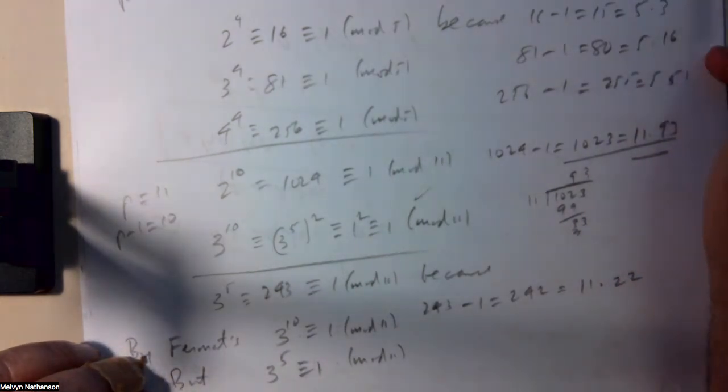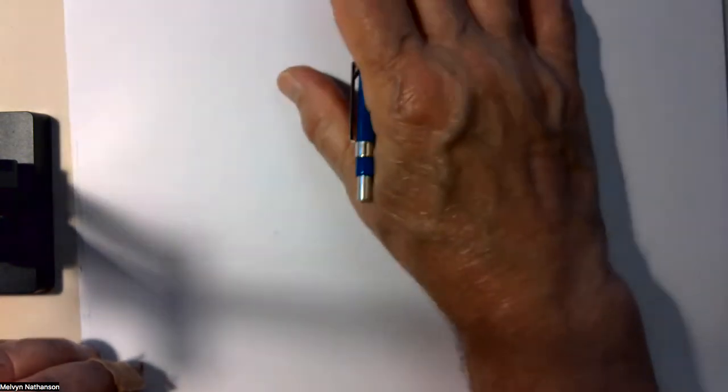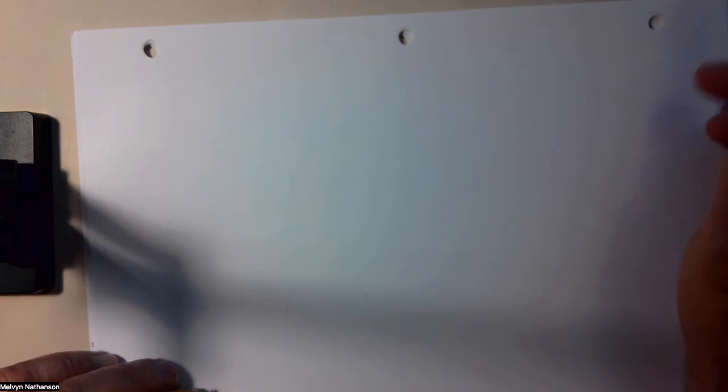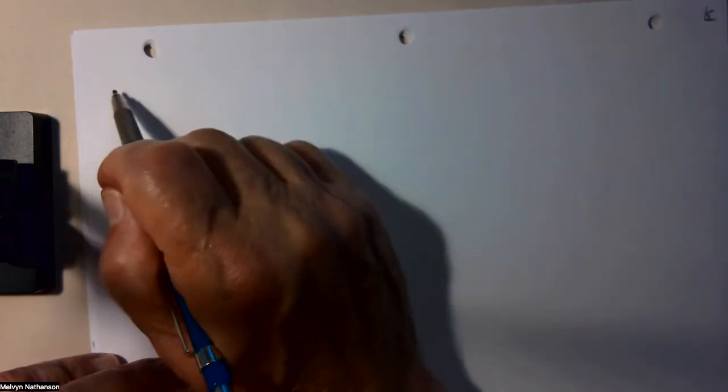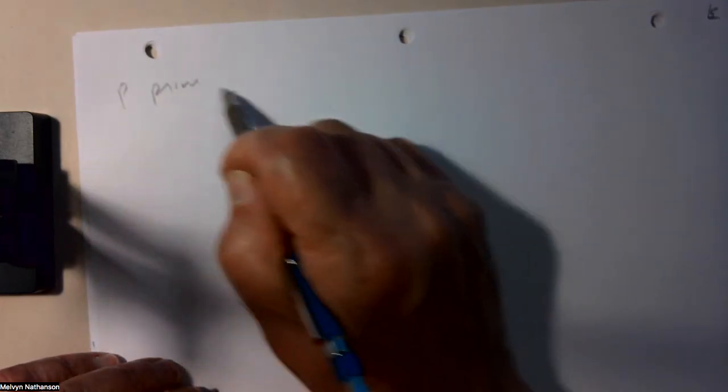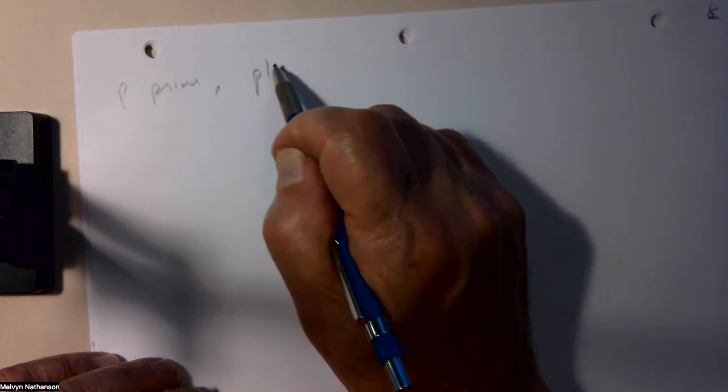And we give a name to the smallest such power with that property. It's as follows. So p is prime, a is an integer, and p doesn't divide a.